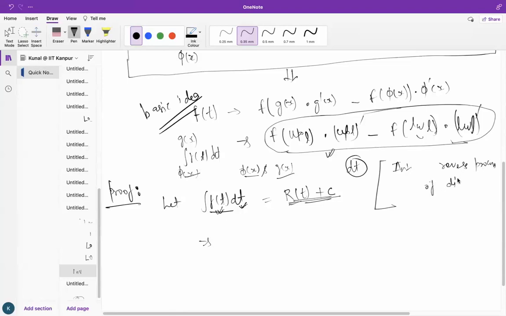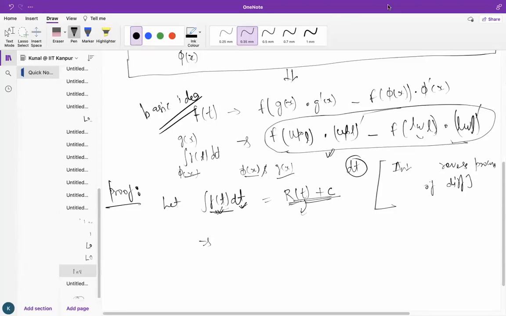We already dealt with this in lecture number 1 of indefinite integration. So what I'm trying to say here, if I differentiate this function, we get the integrand. If we differentiate the integral, we get the integrand, and if we integrate the integrand, we get the integral, because integration and differentiation are reverse processes of each other.